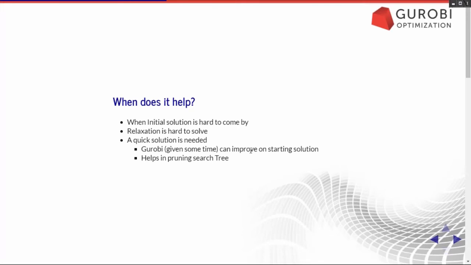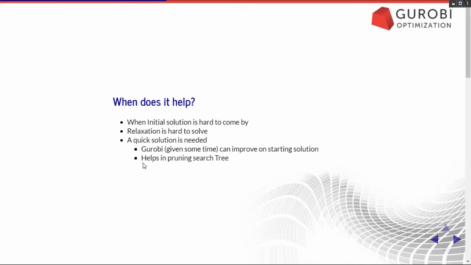One is when the initial solution is really hard to come by. And that can be because either the LP is very slow to solve or because the problem is just really big. And moreover, a quick solution is needed to do two things. First, as I said, it will help to prune the search tree because you won't go into nodes that have a value worse than the current incumbent solution.